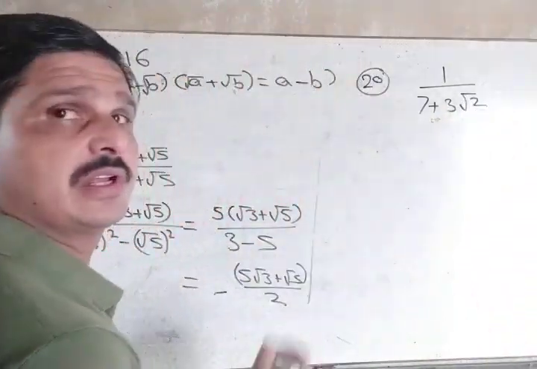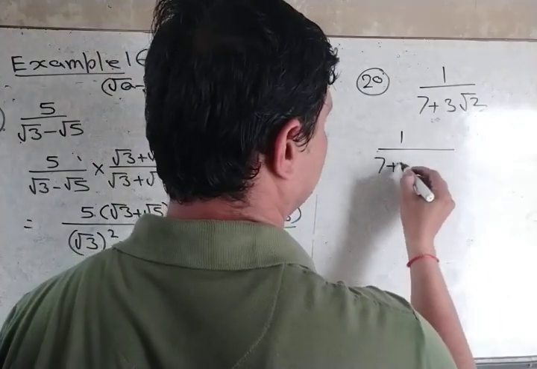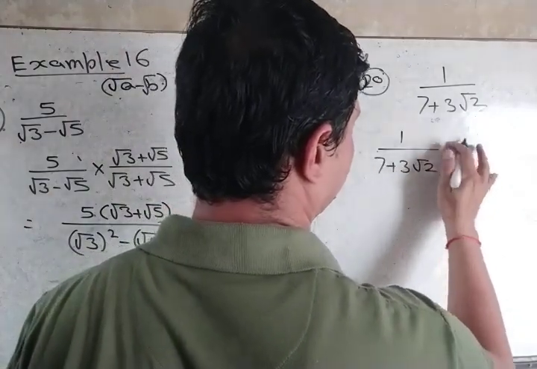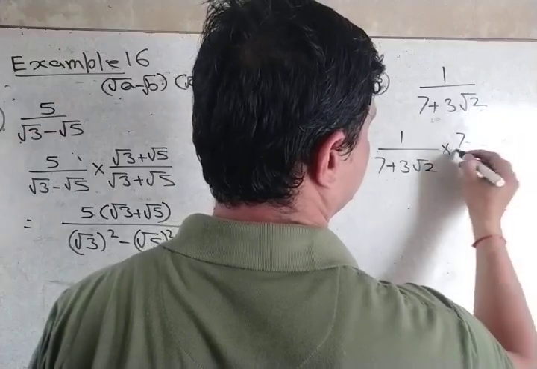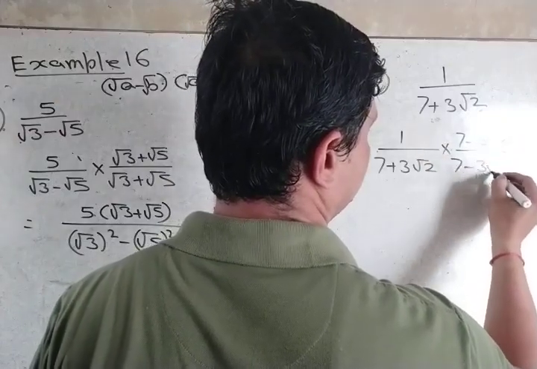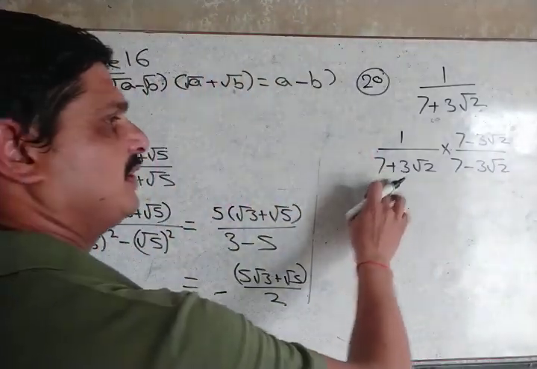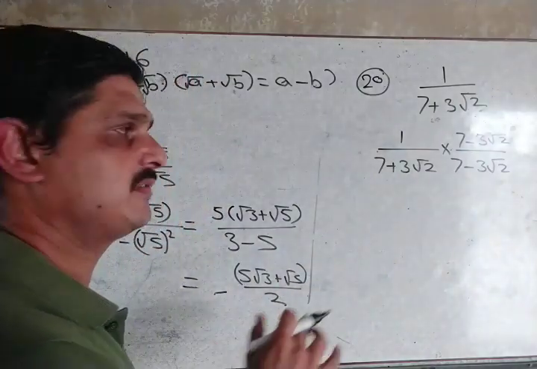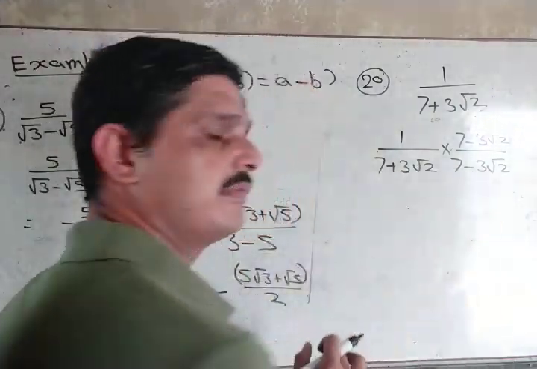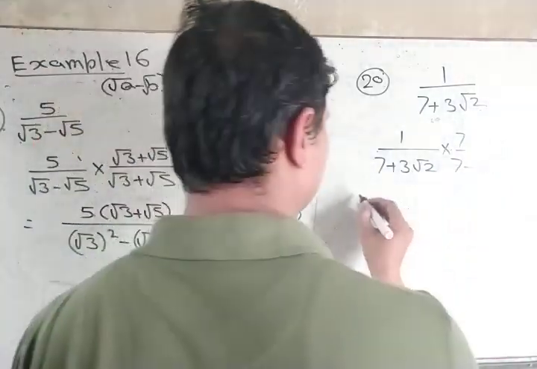Root 2. So we need to multiply. What do we need to multiply? We need to multiply this quantity with, generally in such a case, if a plus sign is there, we need to multiply with the minus sign with the same number. And if it is minus, then we have to put plus here. So what will you get?